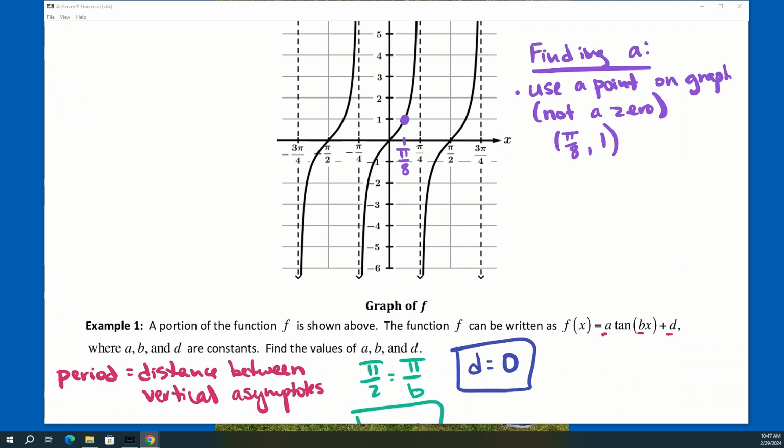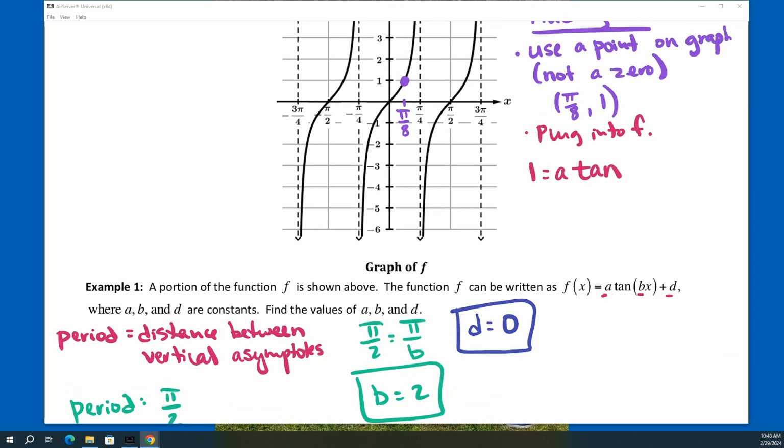Right? And then what we're going to do is plug in to our formula. Plug into f. So in the place of f of x, I'm going to put 1. A is what we're looking for. In the place of b, we are going to put 2 because we found that.